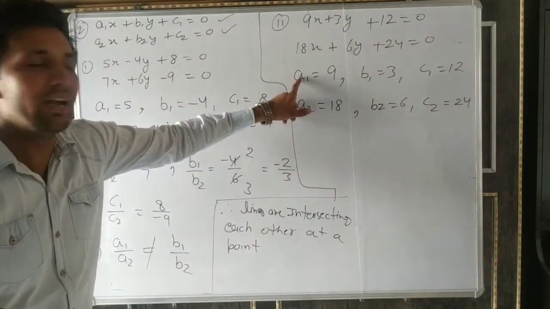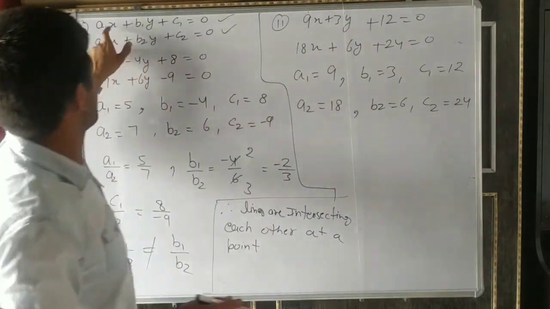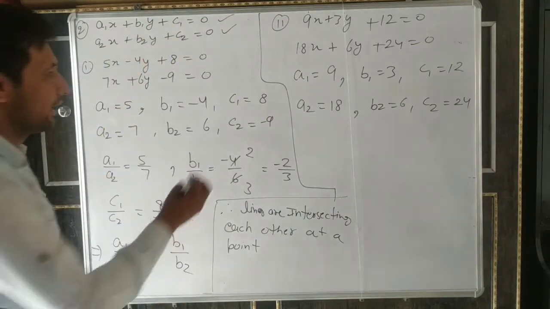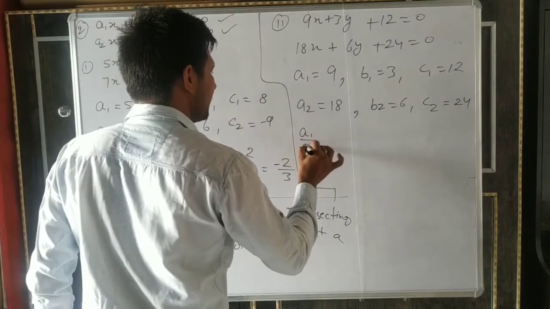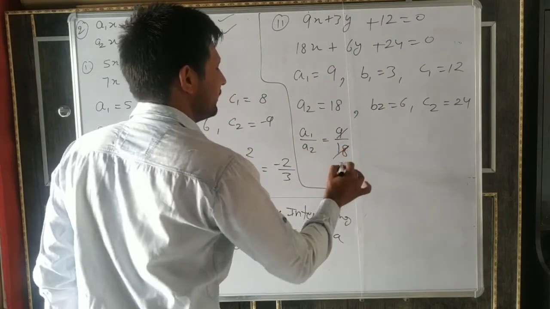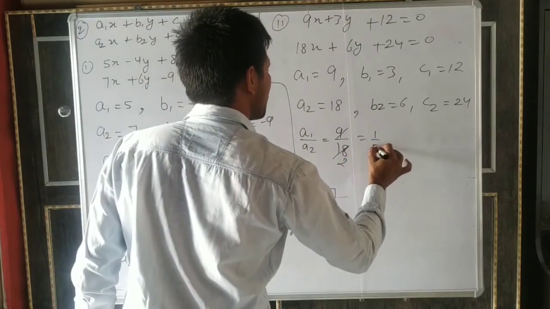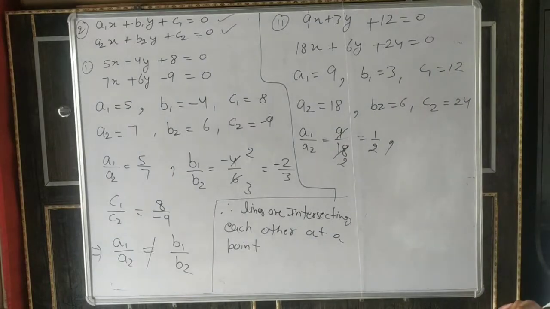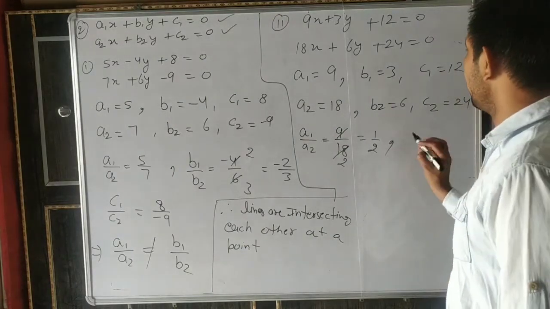First we will find all numbers A1, B1, C1, A2, B2, C2, and then we will find their ratios. A1 by A2, 9 by 18. 9 ones are 9 and 9 twos are 18. So it is 1 upon 2.